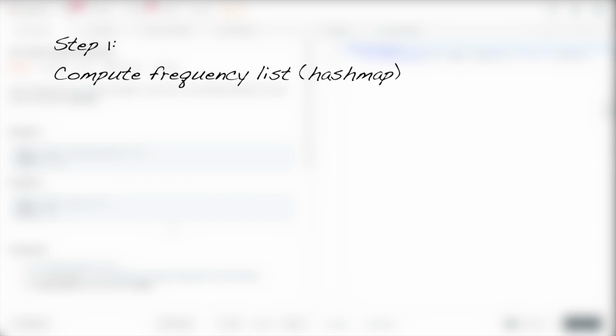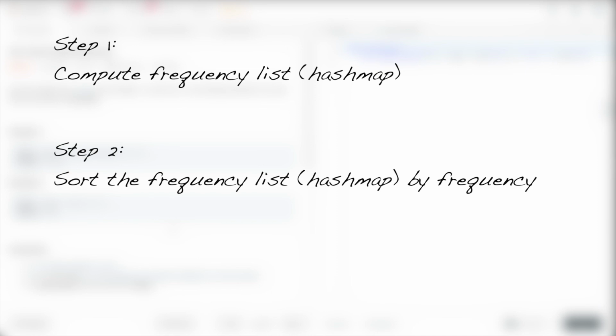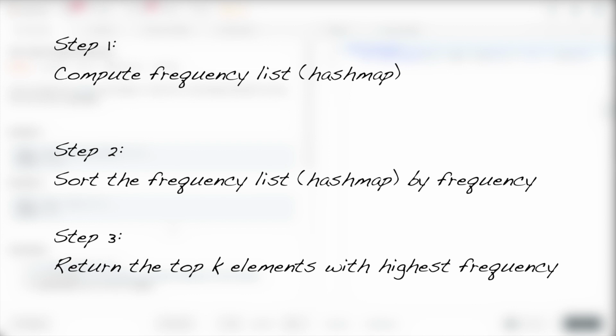First step would be to compute the frequency list of all the elements in the given nums array. And then once you have computed this frequency list, then you might need to sort the frequency list by the frequencies and then return the first k elements based on its frequency.